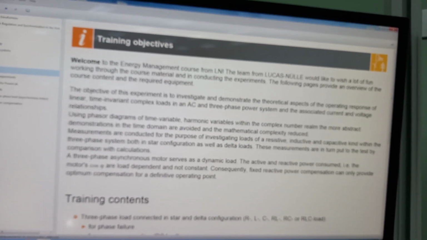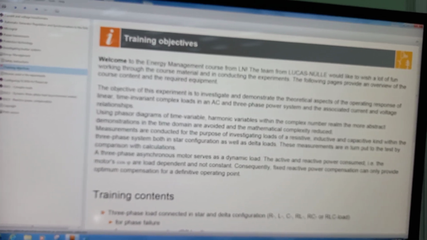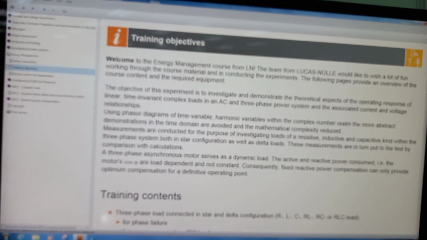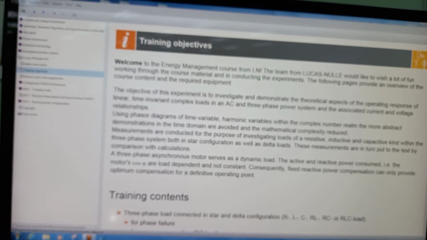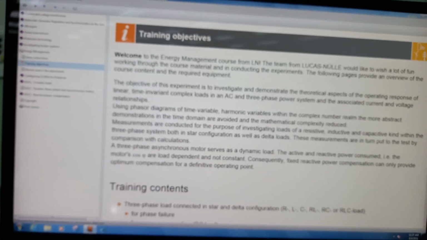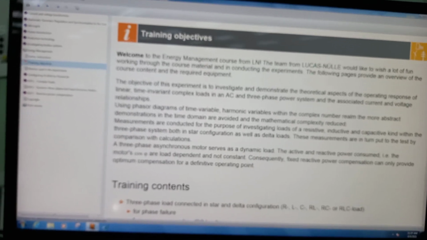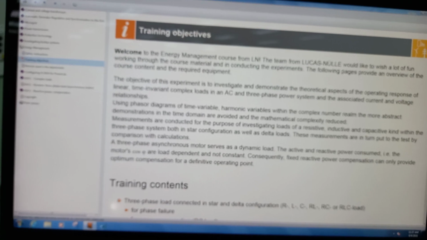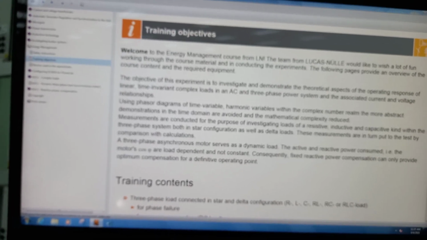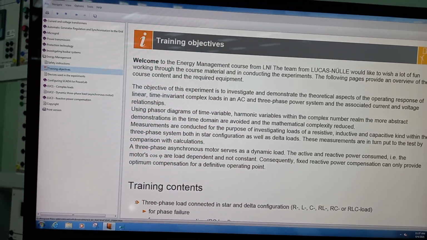The following pages provide an overview of the course content and the required equipment. The objective of this experiment is to investigate and demonstrate the theoretical aspects of the operating response of linear time-invariant complex loads in an AC and three-phase power system and the associated current and voltage relationships.